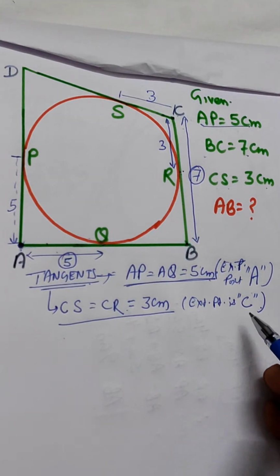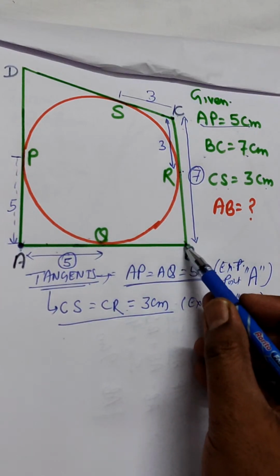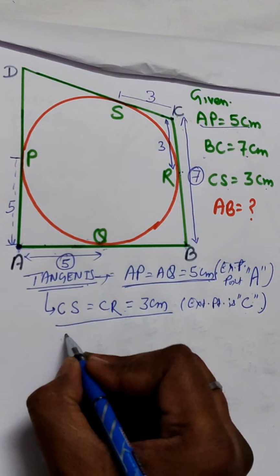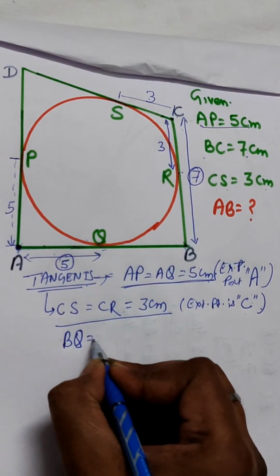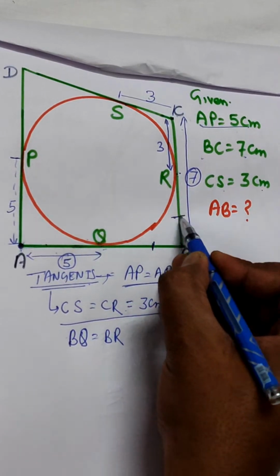So these are the external points from where the tangents are drawn. Similarly, from the external point B, BQ will be equal to BR. Both these are tangents, and these lengths are also equal.